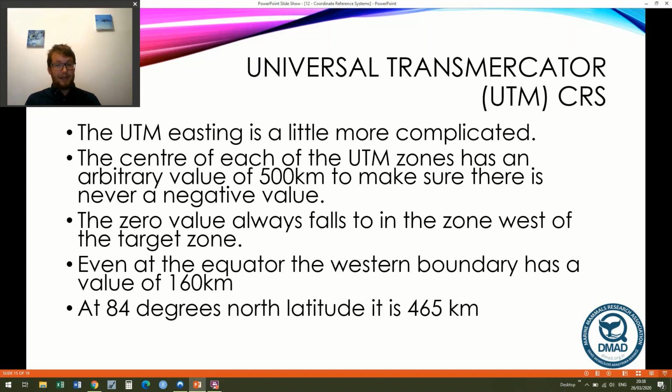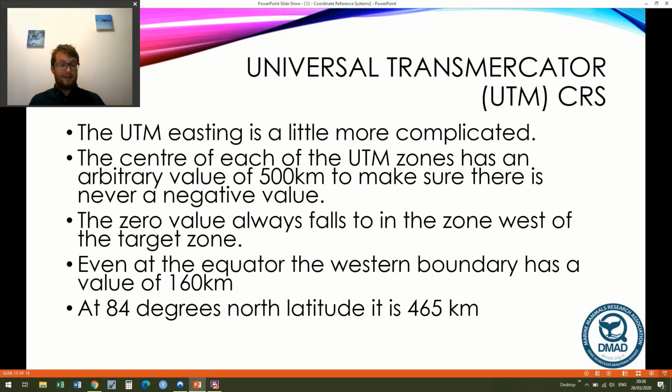So at the equator, where our east to west distance is the largest, because we have no convergence at that point, the western boundary has a value of 160 kilometers. So from the center to the western boundary is 340 kilometers. Hopefully everyone followed that maths. 500 minus 160. 500 is our central point, minus 160 is 340 kilometers. So we've got 340 kilometers between our central point and our western boundary.